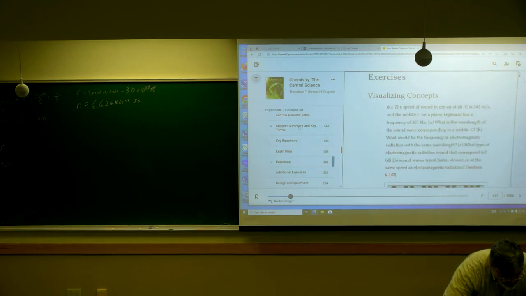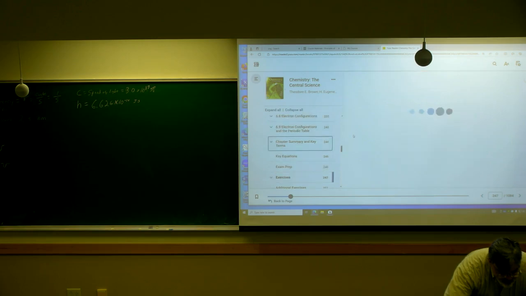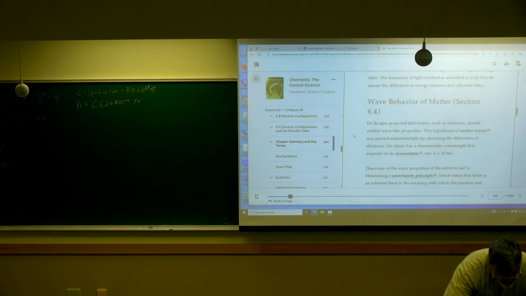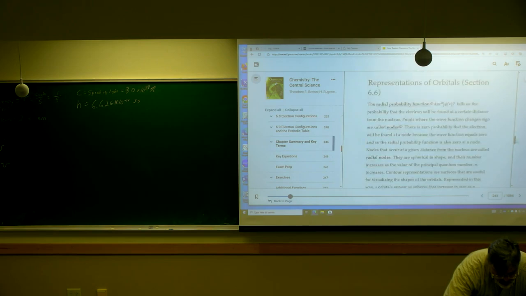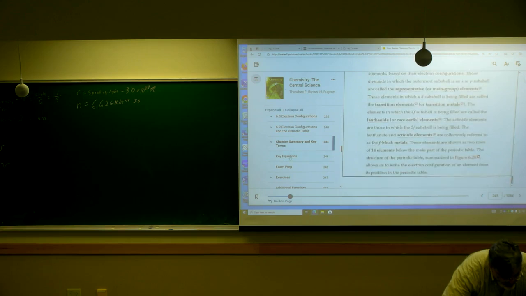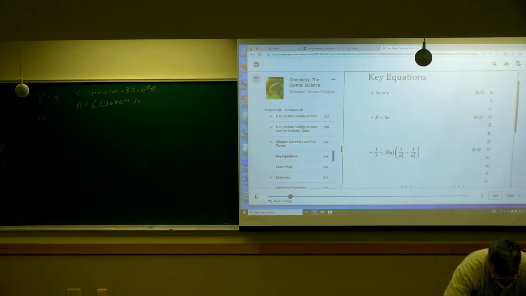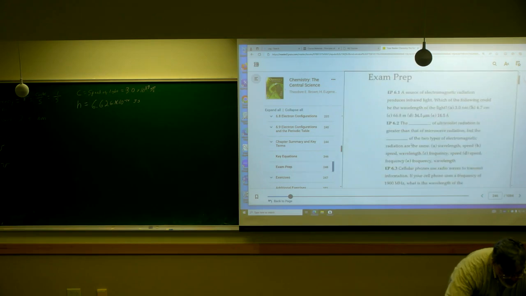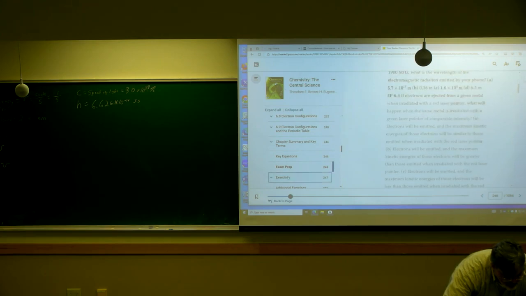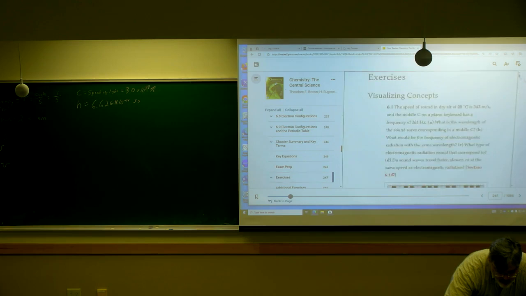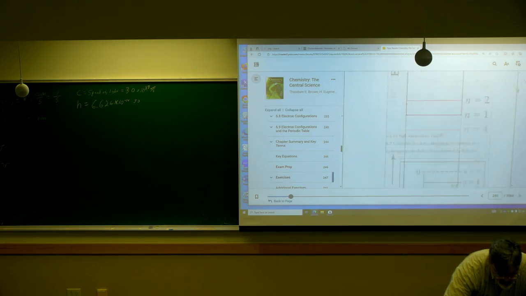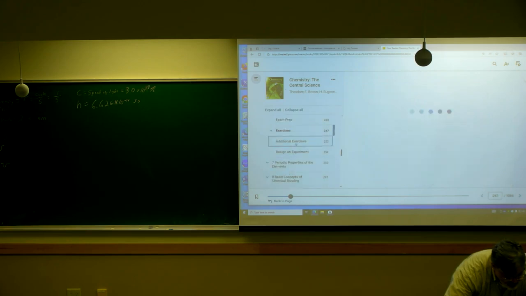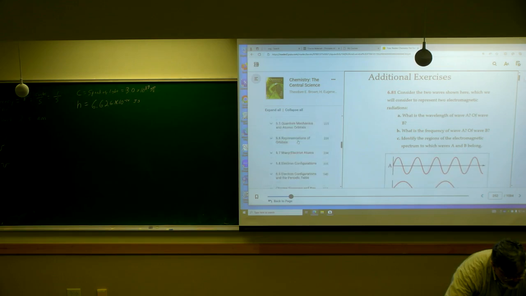Additional exercises. Any of you guys scrutinize this book enough to know? I thought they gave us the answers to these practice exercises somewhere. All right, maybe not. All right, whatever, I guess not. But let me solve this one.